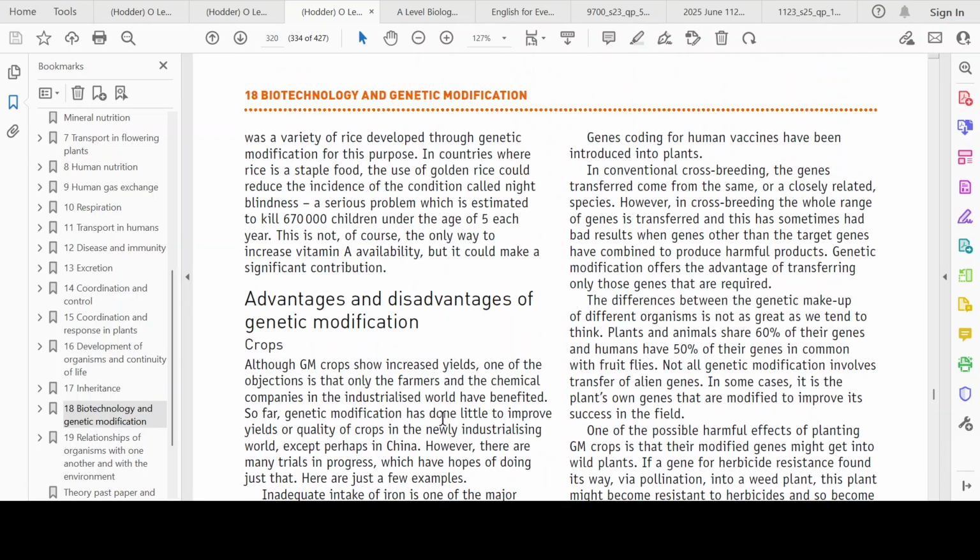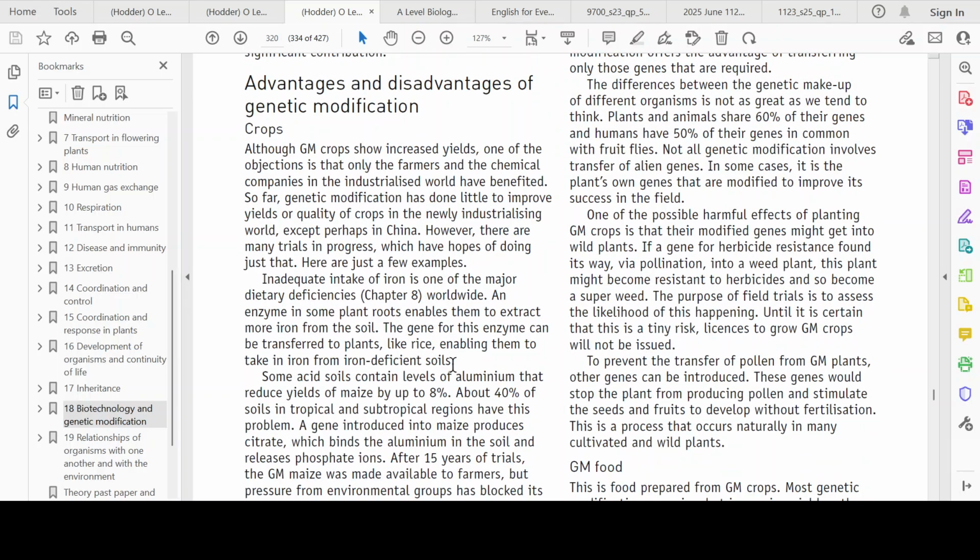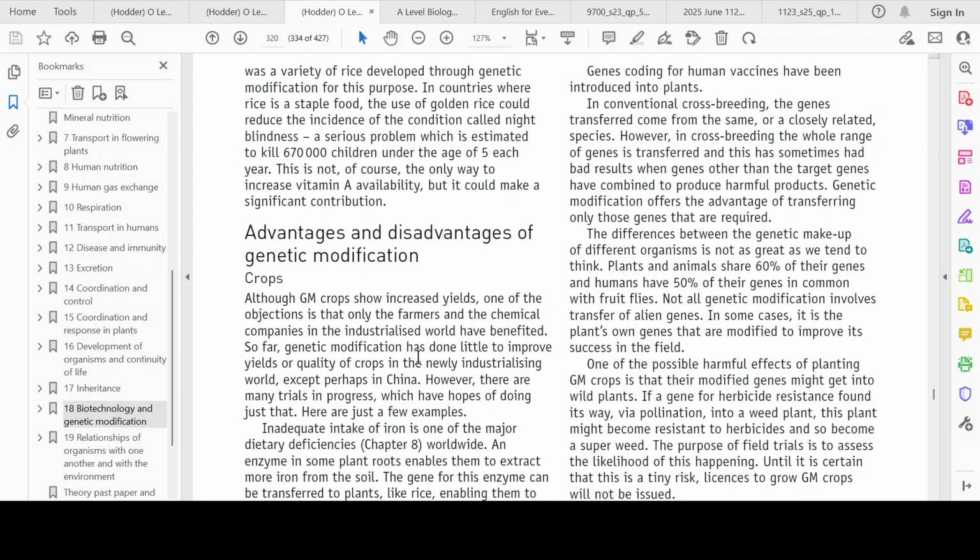So there are obviously ethical concerns, and there are concerns that these genetically modified plants might crossbreed with wild plants or weeds that you normally kill off using herbicides, and these genes might transfer to them, and so they might become resistant to weather conditions, to pests, and to herbicides, and so they become super weeds.